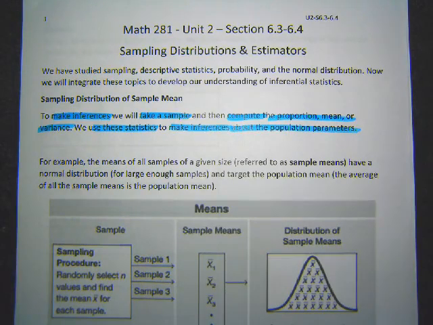Well, if I don't get a very high number in my sample, my sample's range is going to be really small because it doesn't include the really high number that's possible for this set of data. Or if I didn't get a very low number in my sample, I'd get another small range. So it's really easy to pick a sample that's not going to have a very valid range. It's not going to be close to the range for the entire population. So range, we'll find out, is not a very good thing to measure with sample data. We usually don't try to figure out the range for the entire population.